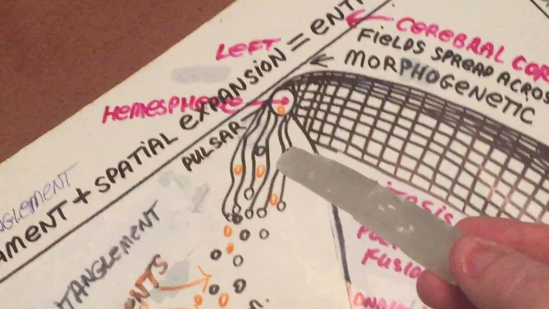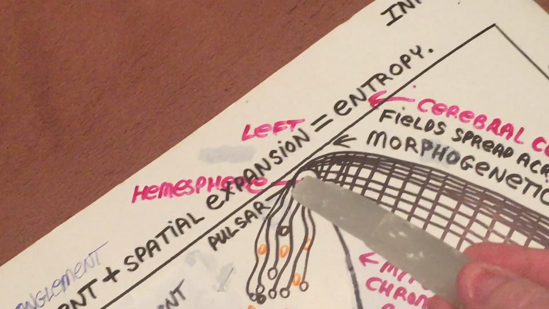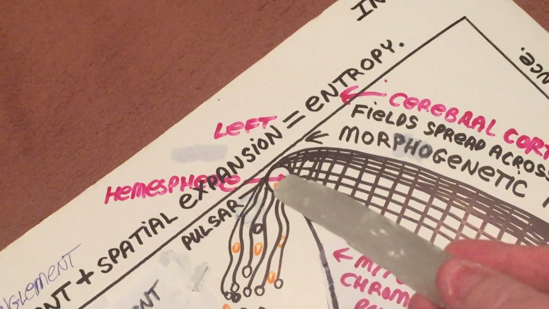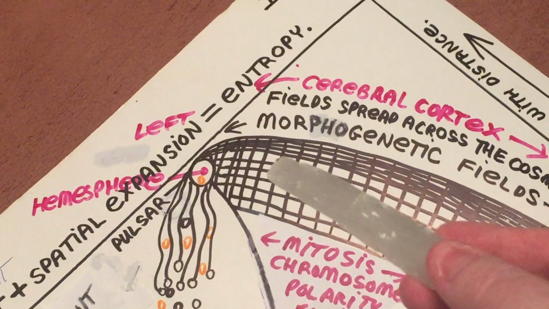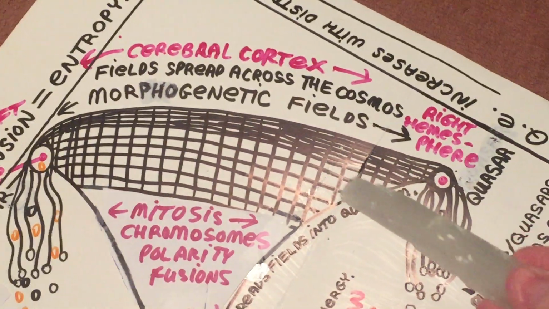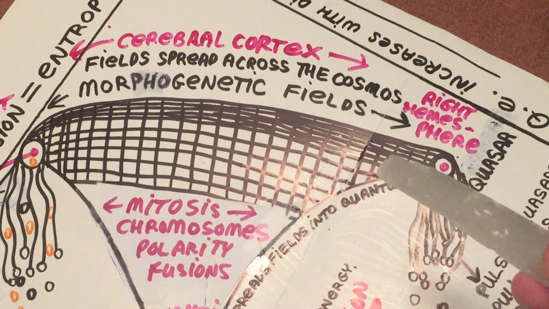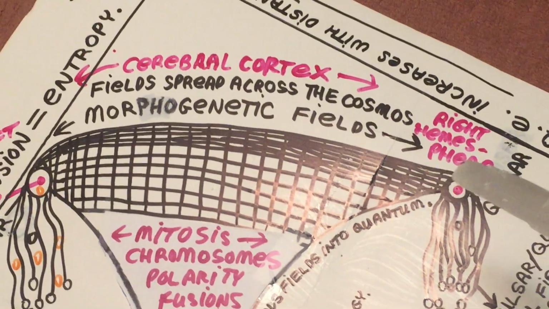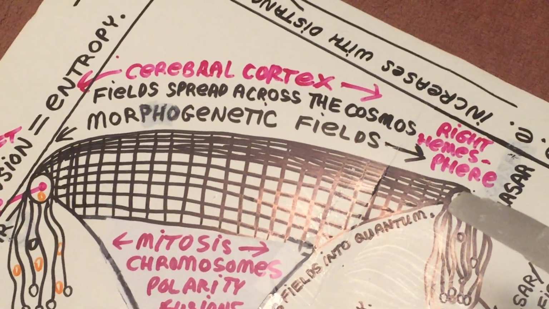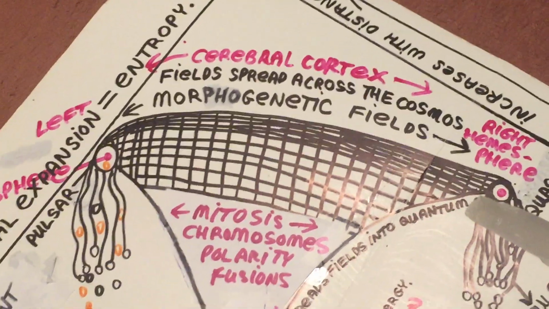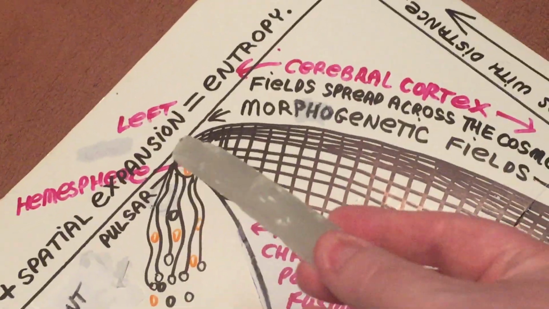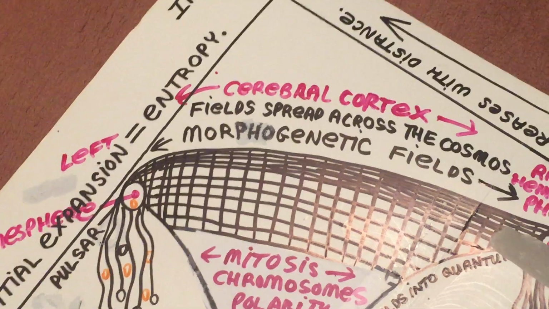So we are representative of this morphogenetic field across billions of light years, represented in us as the left and right hemispheres, and this is the cerebral cortex here.